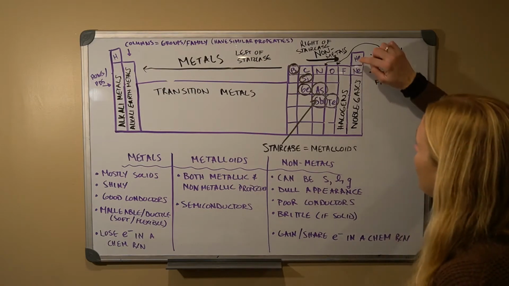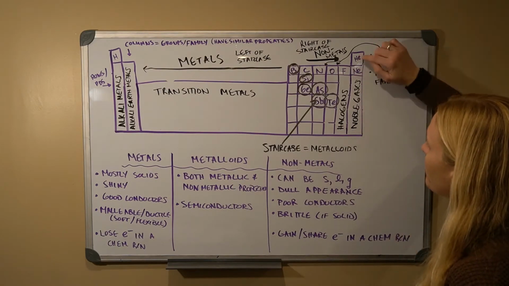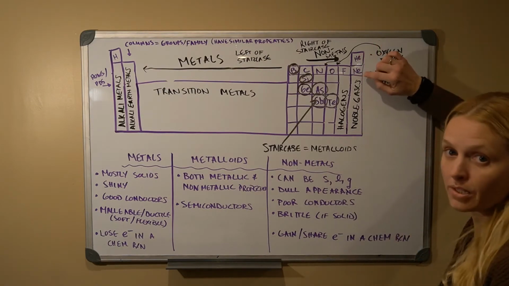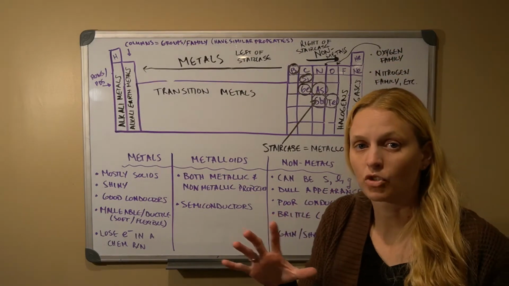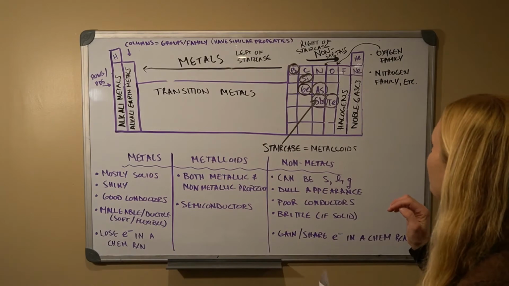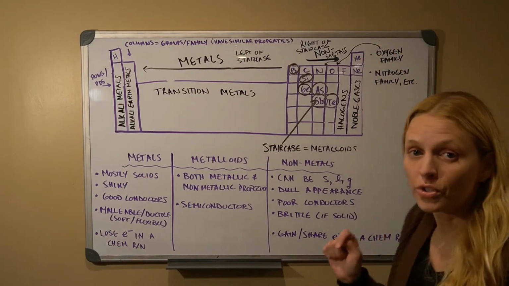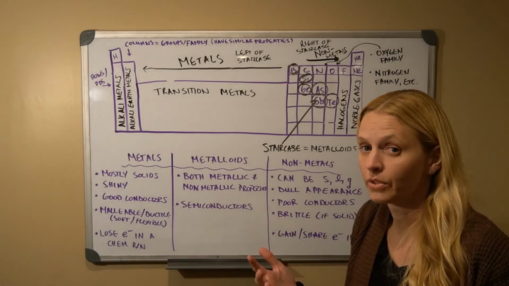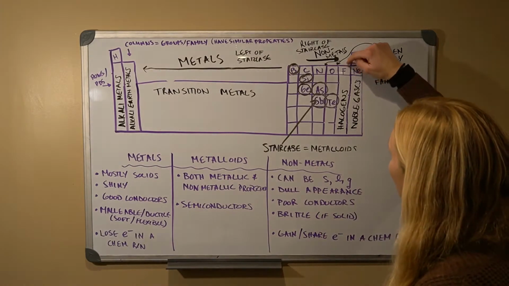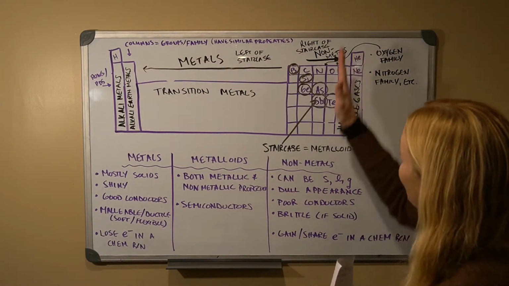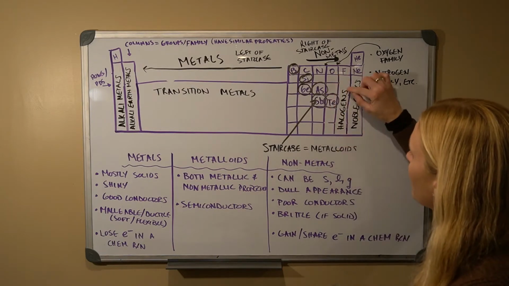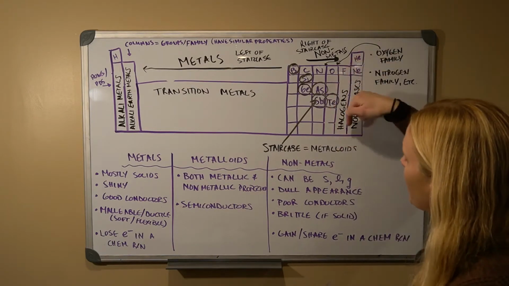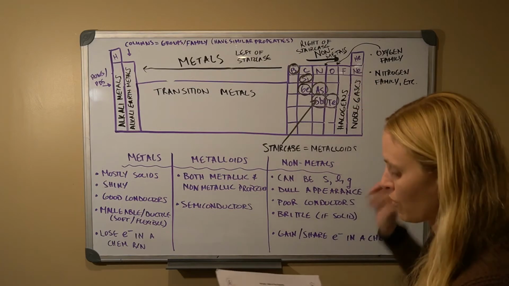A couple other specific organization names. The last column on the right of the periodic table, these are all noble gases. We call these noble gases. They have a complete shell, a complete octet of electrons, and they are inert gases, meaning they do not react. The column right to the left of the last column, these are called the halogens, starting with fluorine at the top and going down: fluorine, chlorine, bromine, iodine.